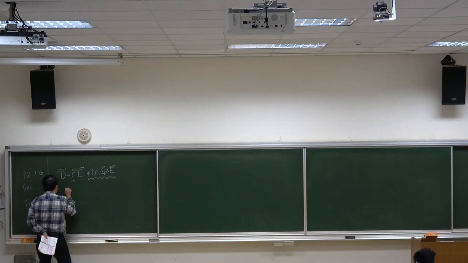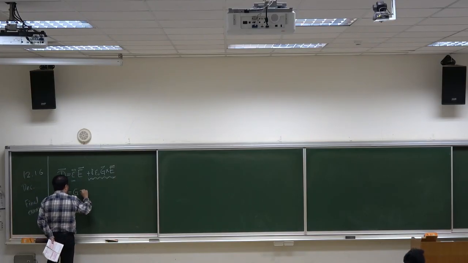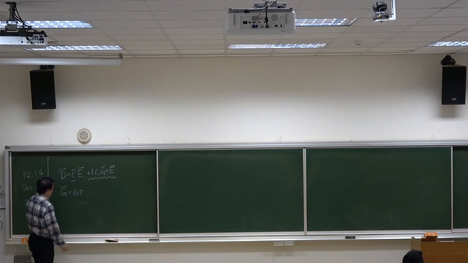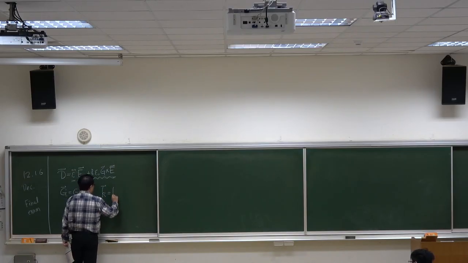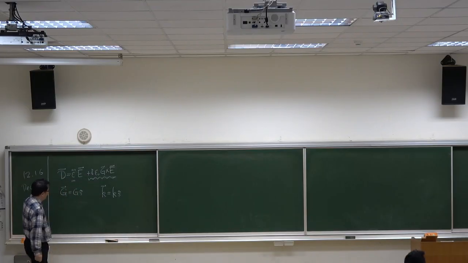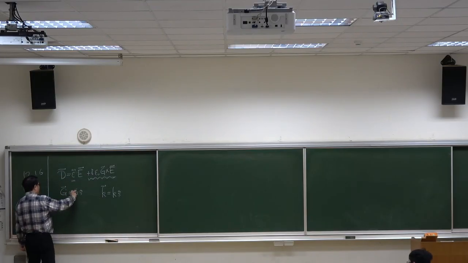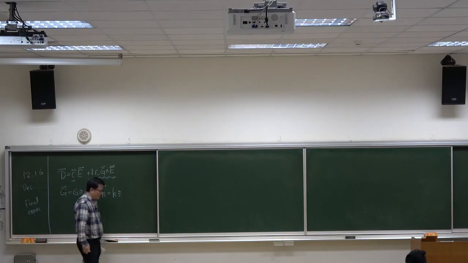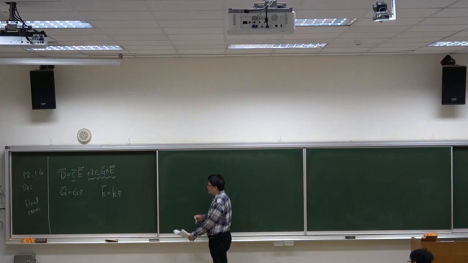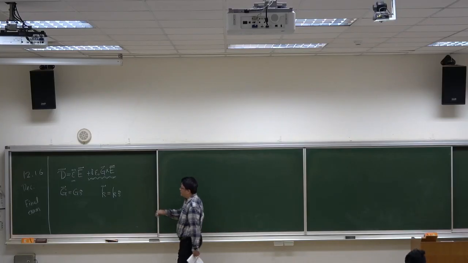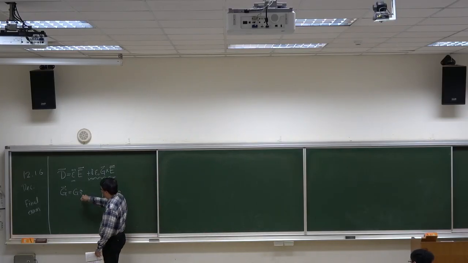Here G is a vector whose direction is the same as the direction of K. K is written as K times S unit vector, and G is equal to G times S unit vector. They point to the same direction but have different magnitude.